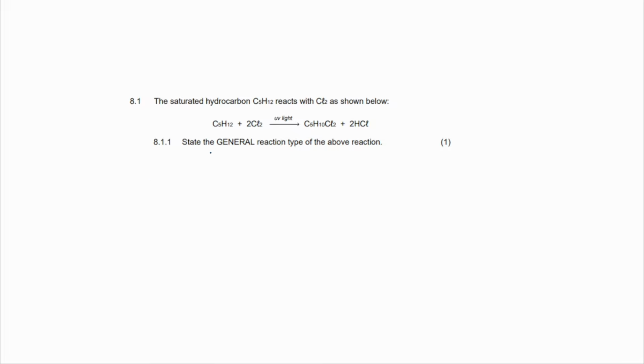Only alkenes, so unsaturated hydrocarbons, can undergo addition reactions. Here we have a saturated hydrocarbon, so this is not an addition reaction, and it's also not an elimination reaction, so it has to be a substitution. Substitution, how do we spell that?